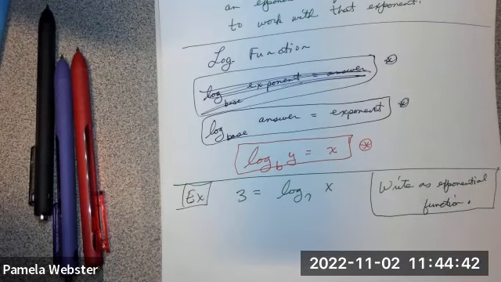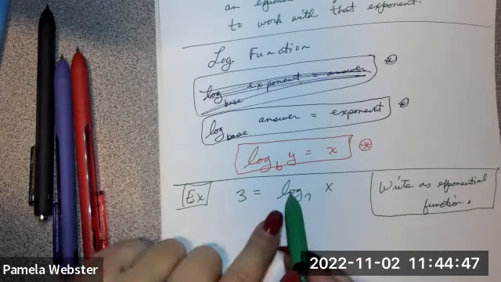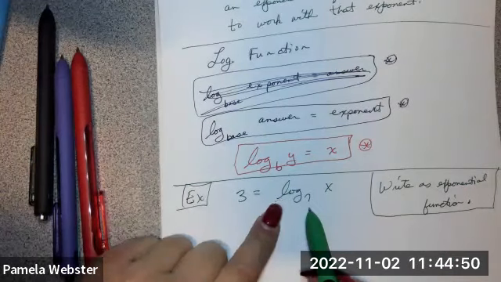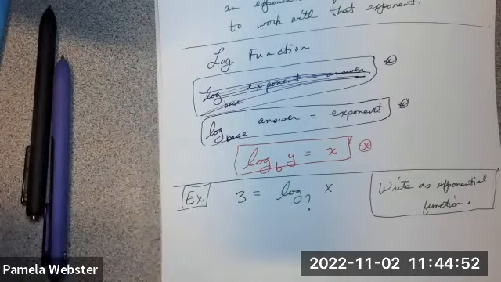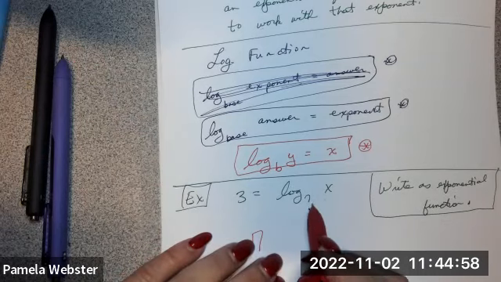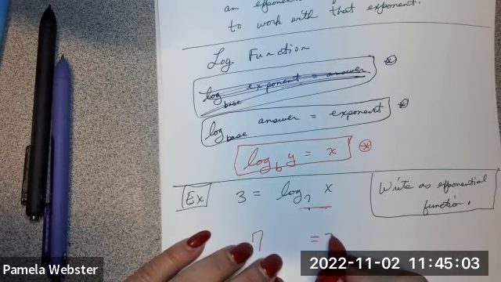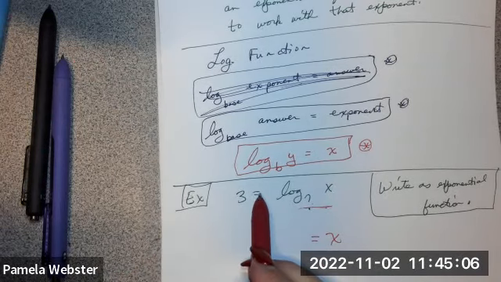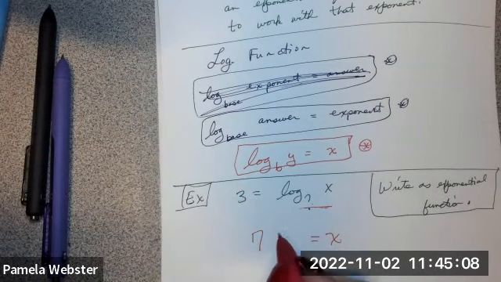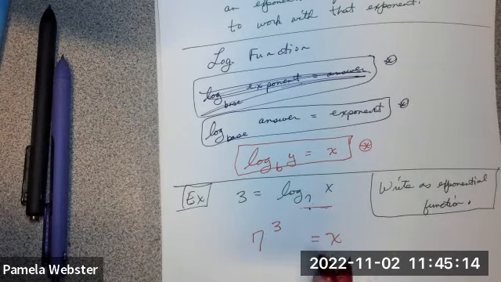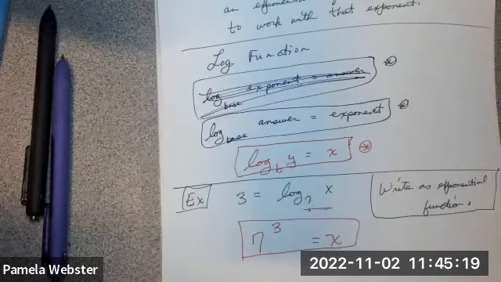In my head, I'm thinking it's the log with the base, so this 7 is my base, which is going to be the bottom whenever I'm writing an exponential. This x is going to be my answer, so that goes on the other side of the equal sign. And this 3 is the exponent, so that comes up here. So base to the exponent equals answer. Log base answer equals exponent. That's what it would look like as an exponential.